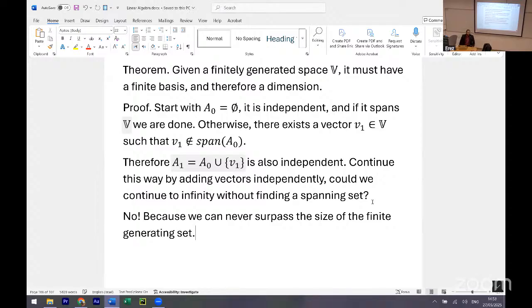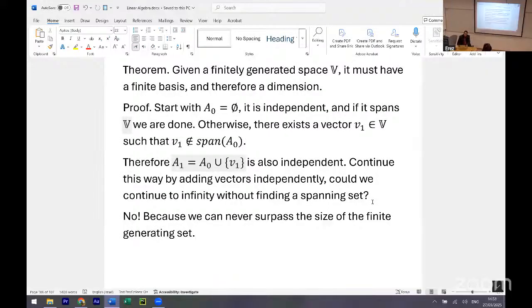So every finitely generated vector space must have a basis, because you keep adding linearly independent vectors, and at one time or another it must be spanning, because otherwise you could add vectors in perpetuity and surpass the size of the spanning set, which will cause a contradiction.